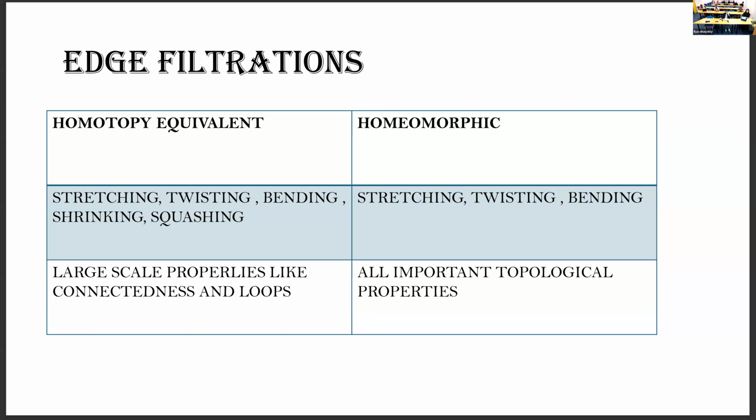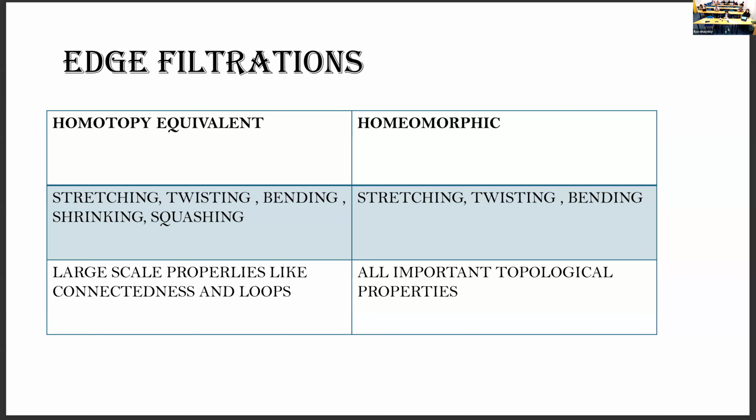So we loosen the relationship by adding the actions of shrinking and collapsing over and above twisting, stretching, and bending. This is represented by two topological spaces being homotopy equivalent. Not all the topological properties are preserved, but the large-scale properties are preserved, like connectedness and loops.